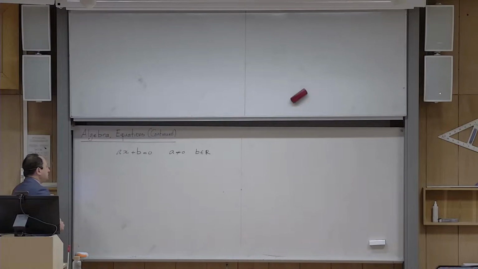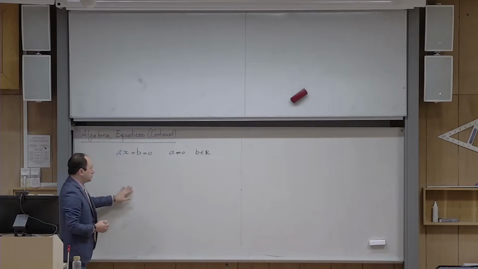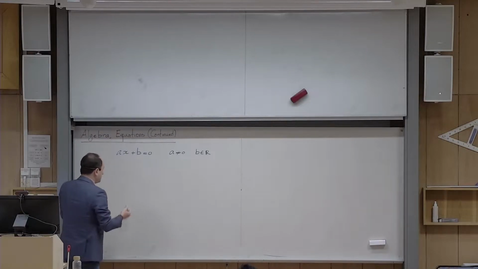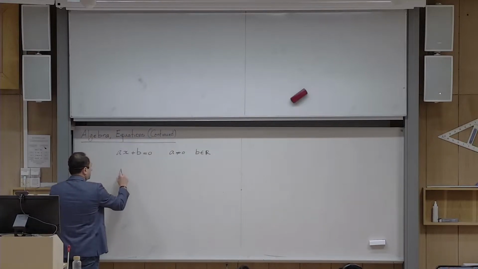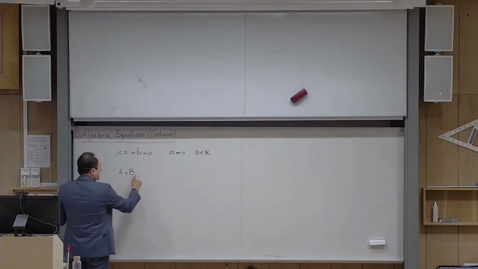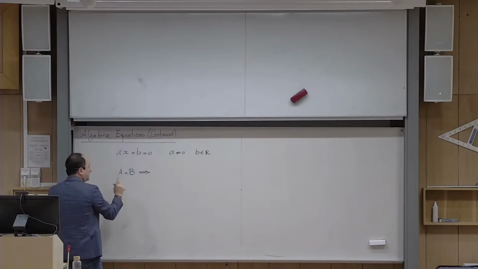Okay, if you want to solve this equation, there is a systematic approach to find all possible solutions. There are two properties that I want you to know. Of course you know them, but let me just remind you. We know that if a number A is equal to a number B, I am allowed to add one number to both sides and keep the equality valid.